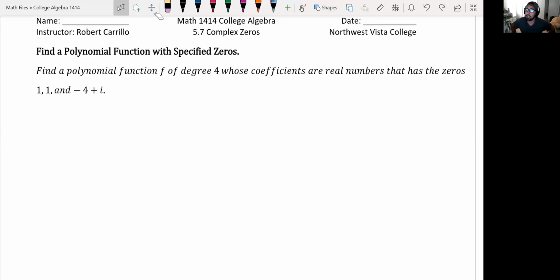Find a polynomial function of degree 4 whose coefficients are real numbers that has the zeros 1, 1, and -4 plus i. Okay, so first thing we should do is always list the degree. The degree is 4, which means we should have 4 zeros.